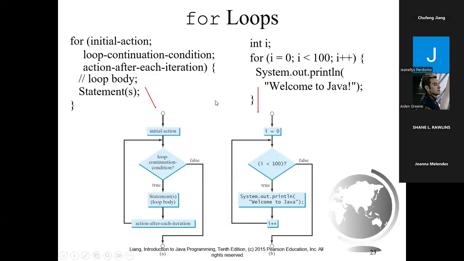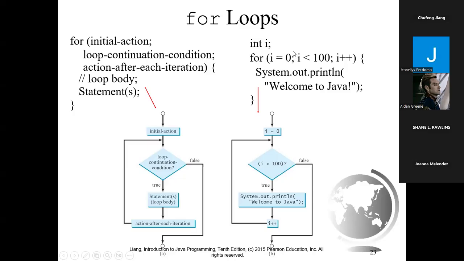It might be a little bit abstract, so let's look at the pseudocode on the left side. On the left side, it is a for loop, and the first line is the head of the for loop. The first thing, before the first semicolon, is the initial action, which maps to the right-hand side i = 0.